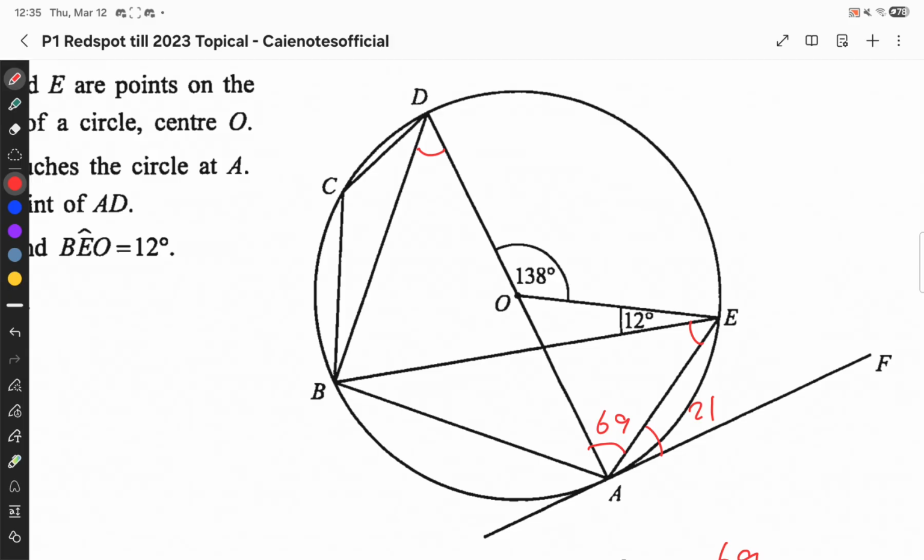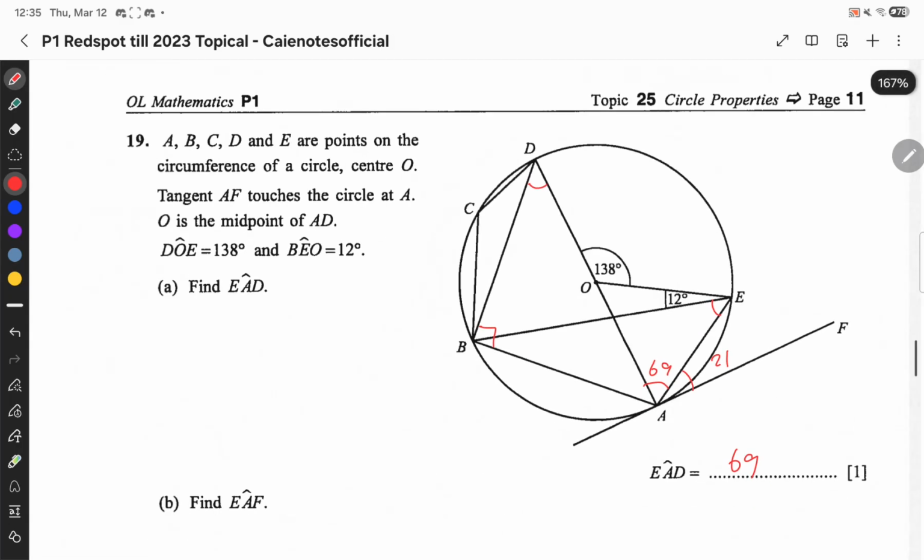We are hoping we can use AST, because we sure can. We cannot. This is 90. I know this. This is 90. I do not know this angle. And that's the issue.